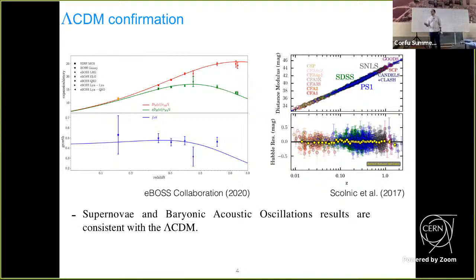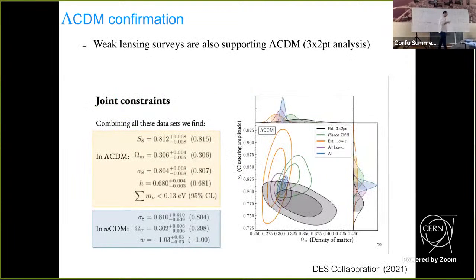And in the last years we have gone farther away from spectroscopic surveys, and we also have photometric surveys that allow us to measure the distribution of dark matter directly by looking at the gravitational lensing produced by foreground galaxies.